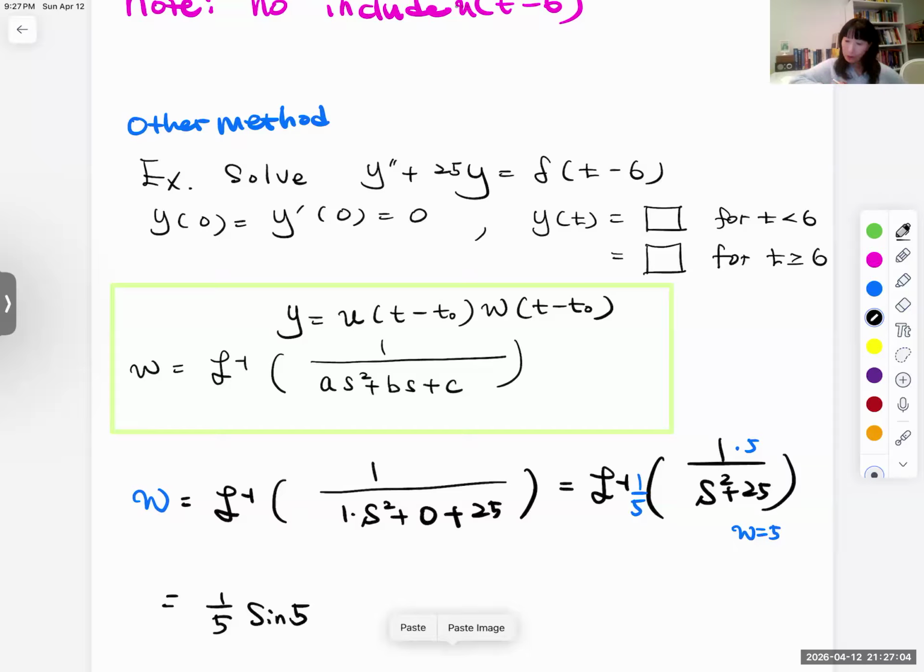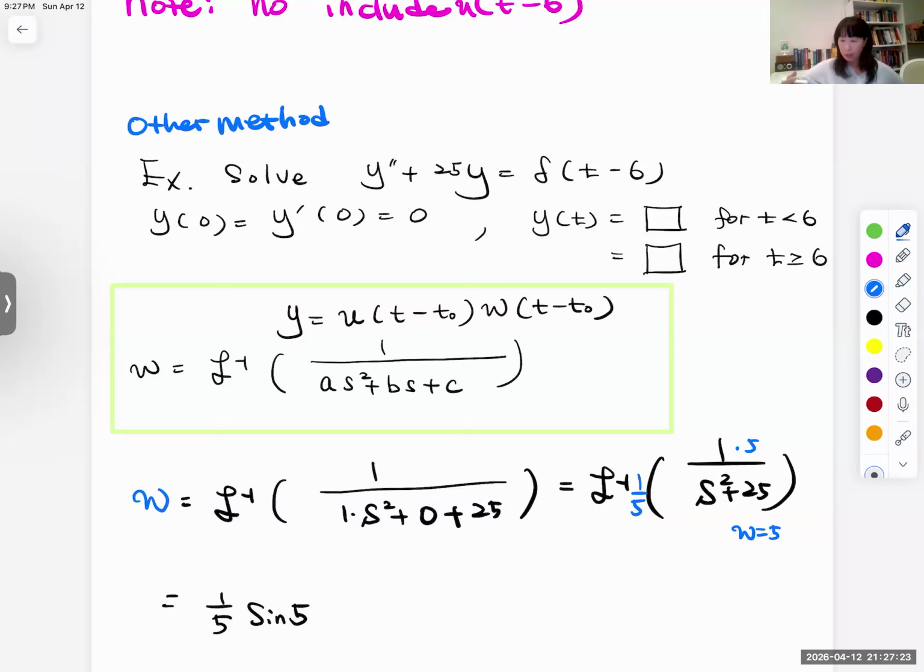But then we don't use t, we use t minus t naught, because the right side has delta(t minus 6).